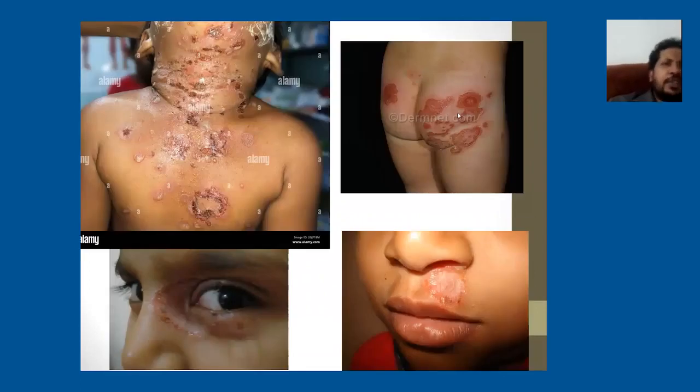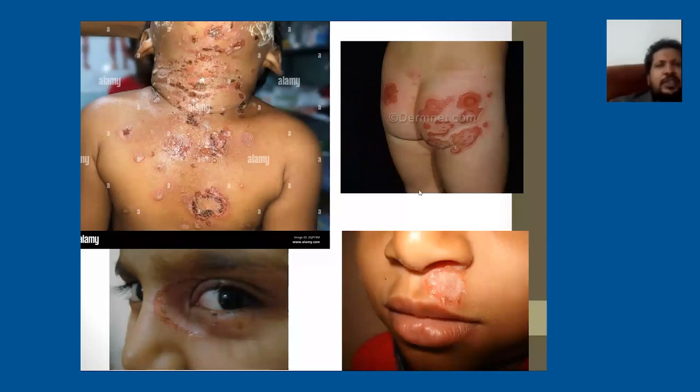So it can be more diffuse, leading to more flaccid blisters. These blisters can erode easily because they are very flaccid and have a thin wall, leading to eroded areas, sometimes even circular eroded areas. Now, if the staph antigen load is high, the erosions will be very diffuse and generalized, leading to staphylococcal scalded skin syndrome.